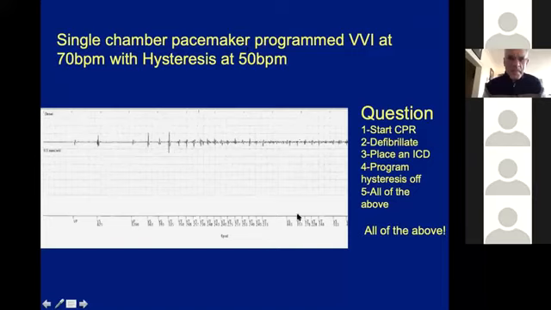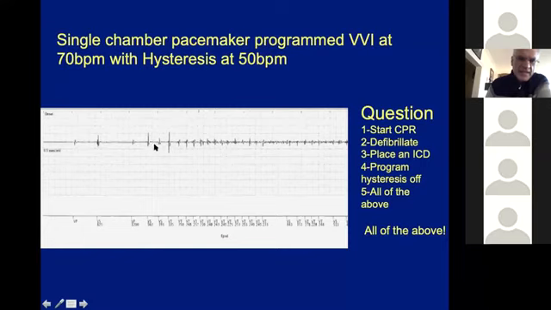So you have a single chamber device. Hysteresis is on. Hysteresis is a function that allows the device to not pace, to come in only when the rate slows down. Because of that, there is a pause between the intrinsic beat, probably atrial fibrillation, and the next V-paced event.